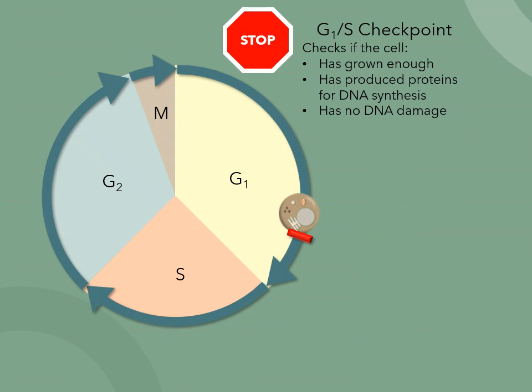Now, this is typically the most important checkpoint for cells. If they make it through the G1S checkpoint, they'll likely make it through the others to division. If anything is missing or insufficient, the cell will enter a resting phase called G0 to give it time to fix the issues. If everything is fixed, then the cell can go back into the cycle to continue into S phase.